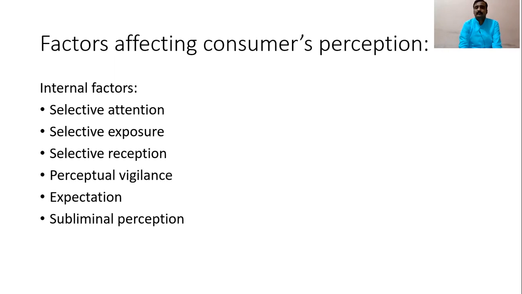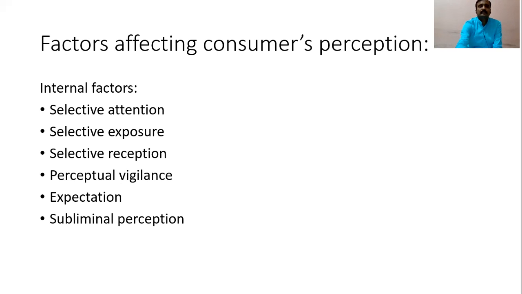And the factors affecting consumer perception. What are the factors that affect the perception of the consumer? These factors can be classified into two heads: internal factors and external factors. Under internal factors, we have selective attention, selective exposure, selective reception, perceptual vigilance, expectation, and subliminal perception.